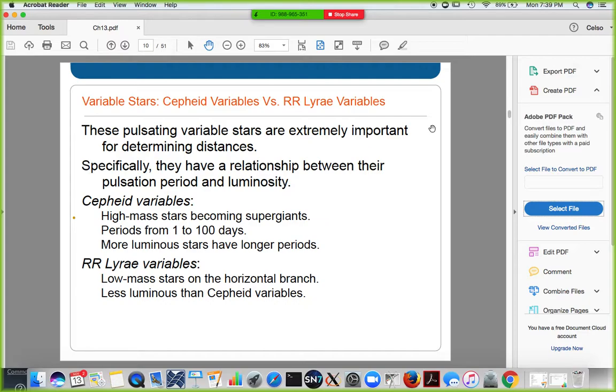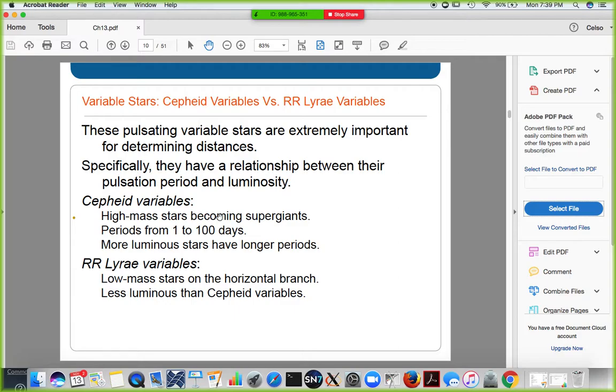They are important because they have an interesting property: they pulsate in such a way that the time it takes them to complete a period of pulsation, which means to expand and contract and initiate expansion again, called the pulsation period, is related to the stellar luminosity. In other words, the amount of energy that comes out of the star itself.